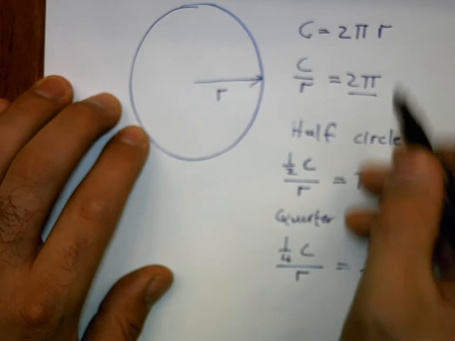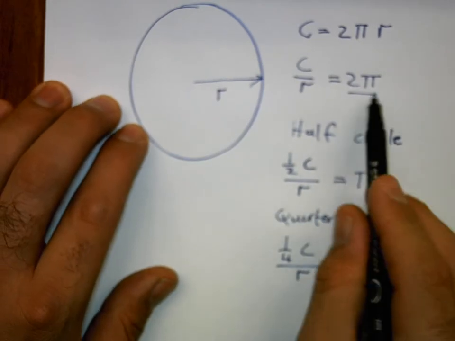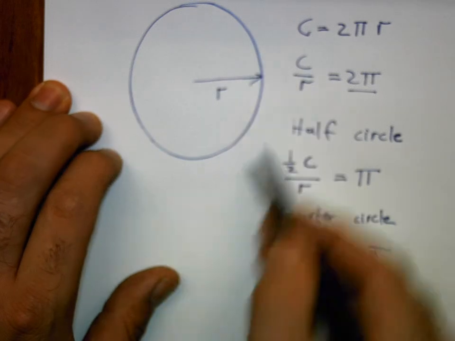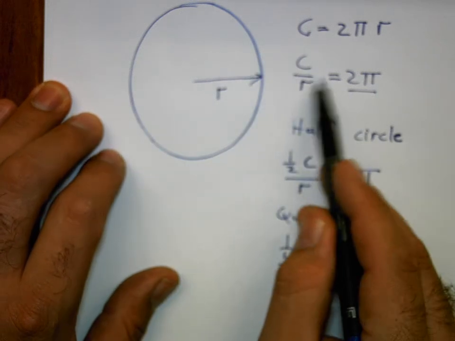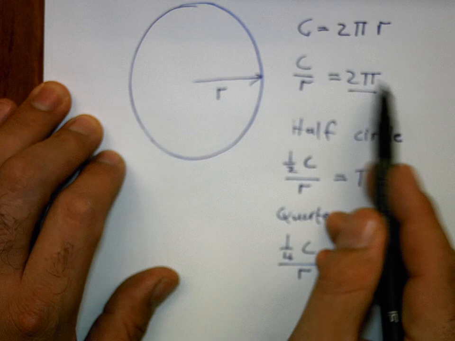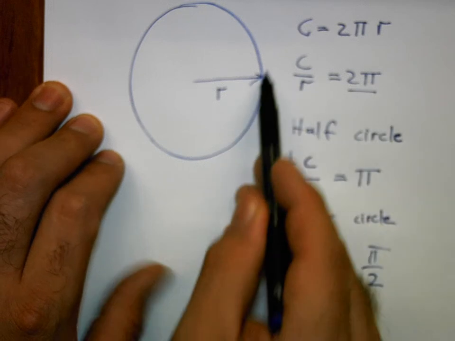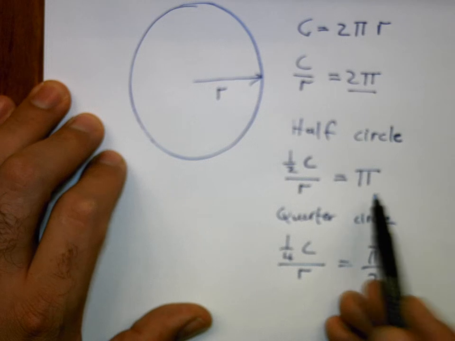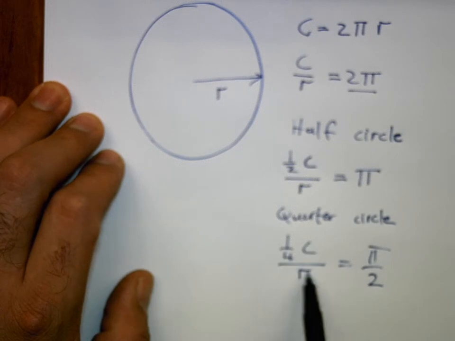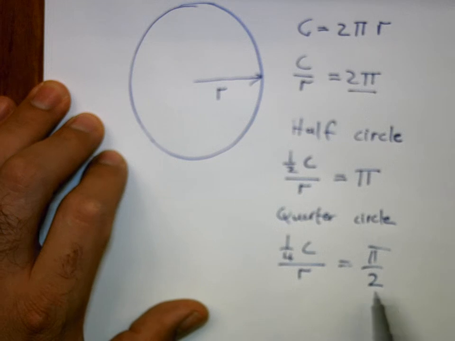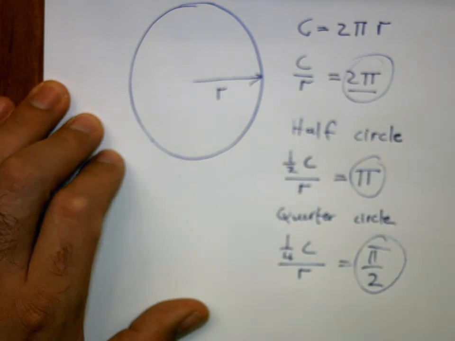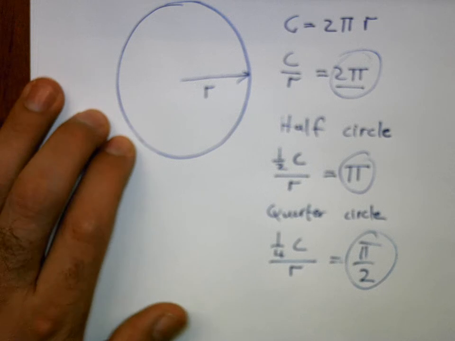So a full rotation, the arc length of a complete circle, if I divide by the radius, I get the number 2 pi. The arc length of a half circle divided by the radius gives me pi. The arc length of a quarter of a circle divided by r gives me pi over 2. And these numbers now give me an alternative way to describe angles.